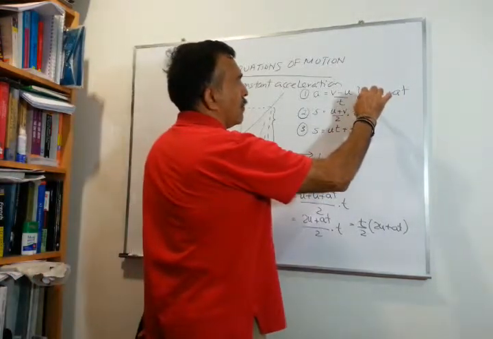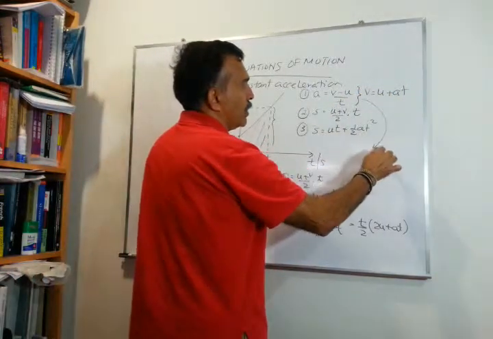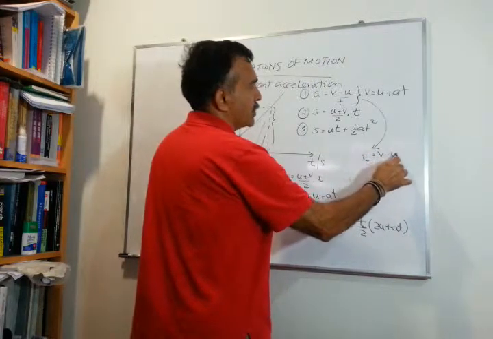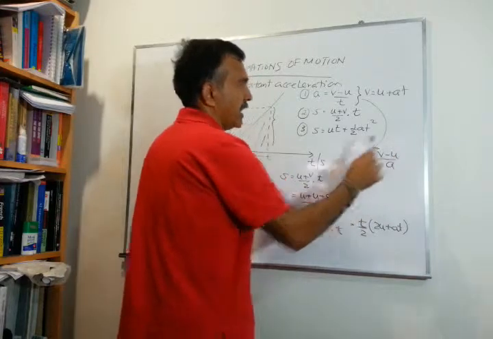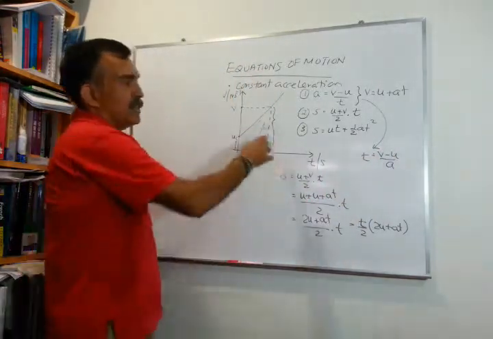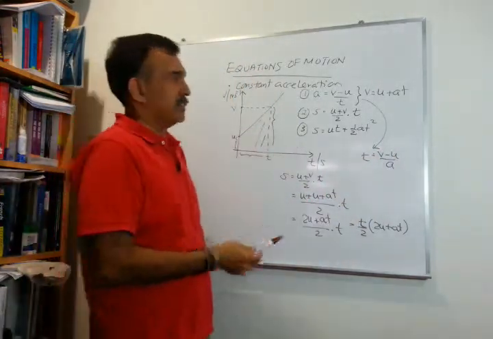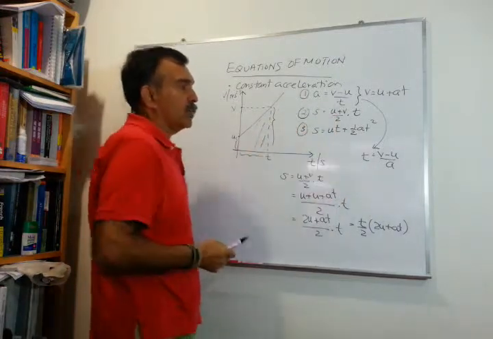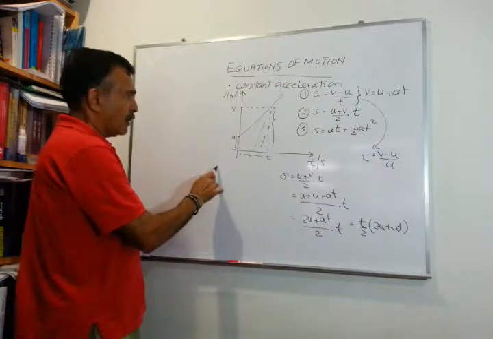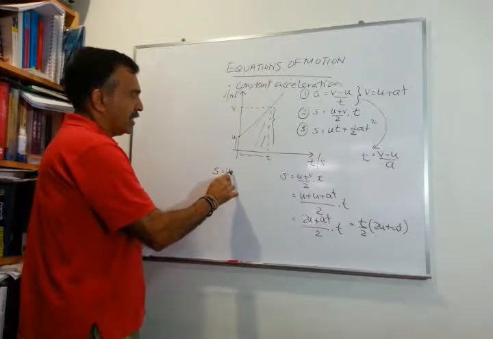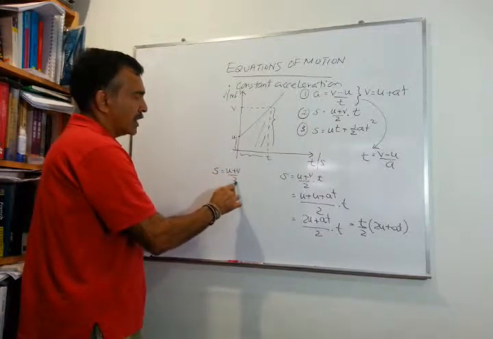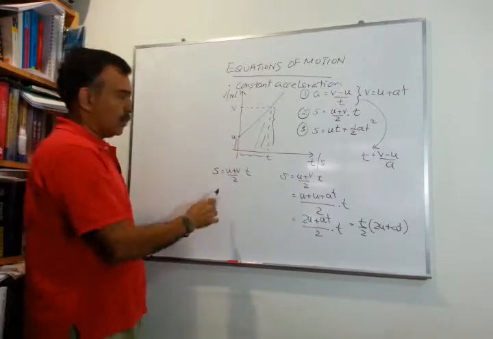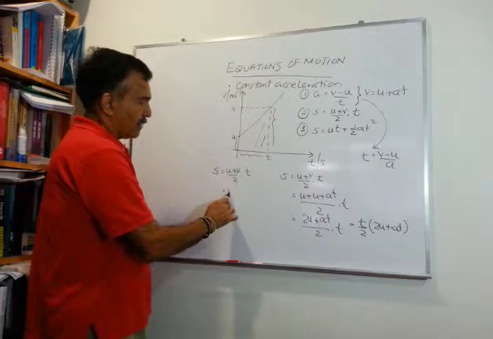Okay, let's continue writing here. From this formula here, we can also write t equals v minus u over a. Writing t as the subject of the formula, we can just bring it up and bring the a down. We have v minus u over a. So now let's come back to our formula here, which is formula number 2. And now we will replace t with v minus u over a.